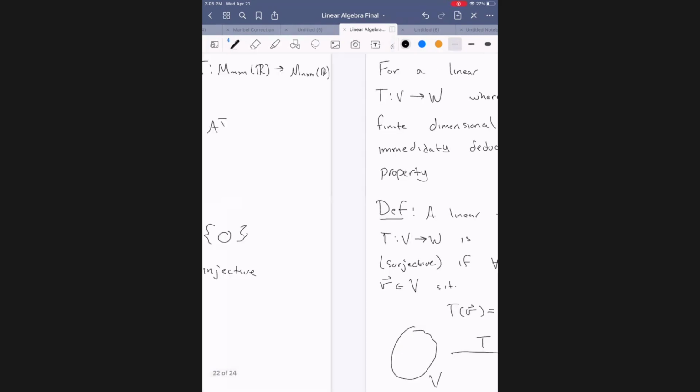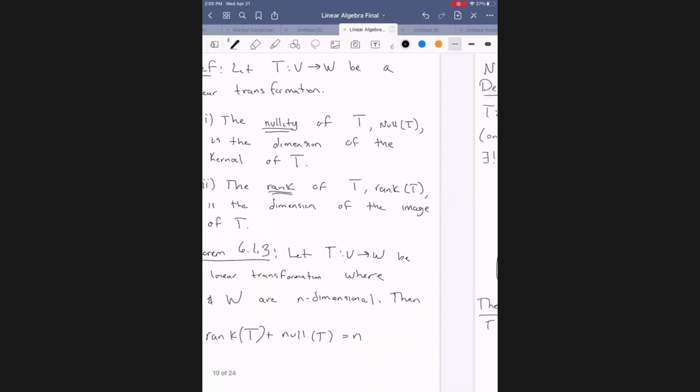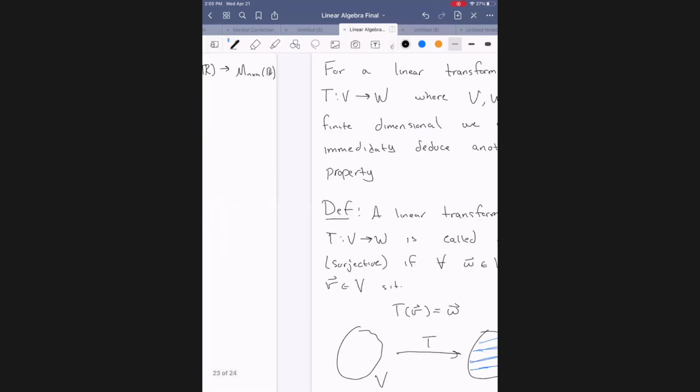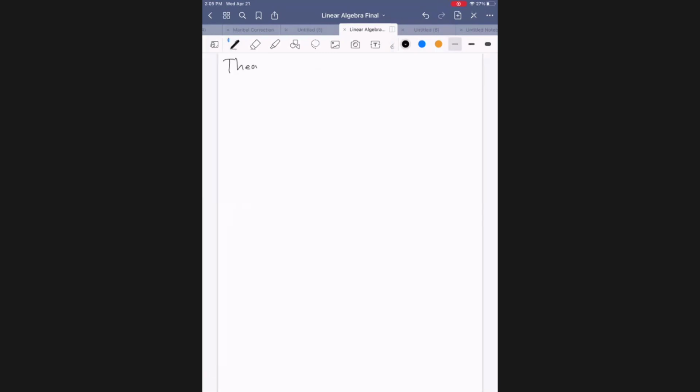Let me see what the last theorem was. 6.4. If T is a linear transformation between two vector spaces V and W, where both are of dimension... wait, hold on.